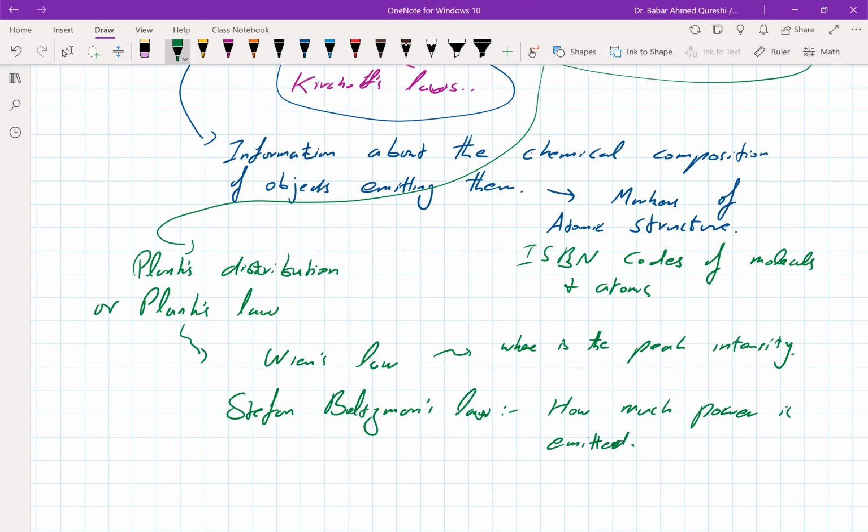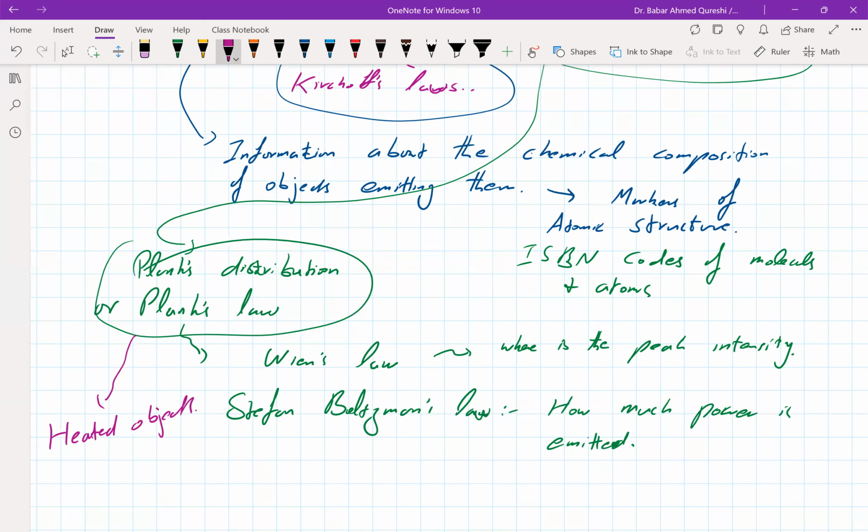This continuous spectrum and Planck's distribution are related to heated objects. They are produced because of thermal radiation. When you heat an object, it emits a continuous spectrum described by Planck's distribution.